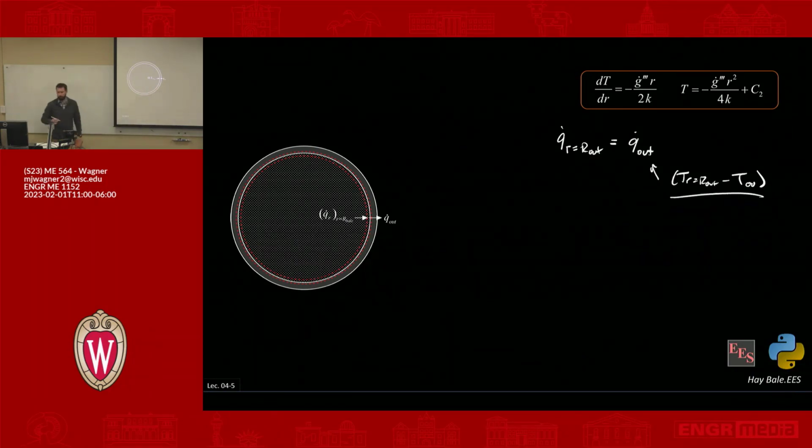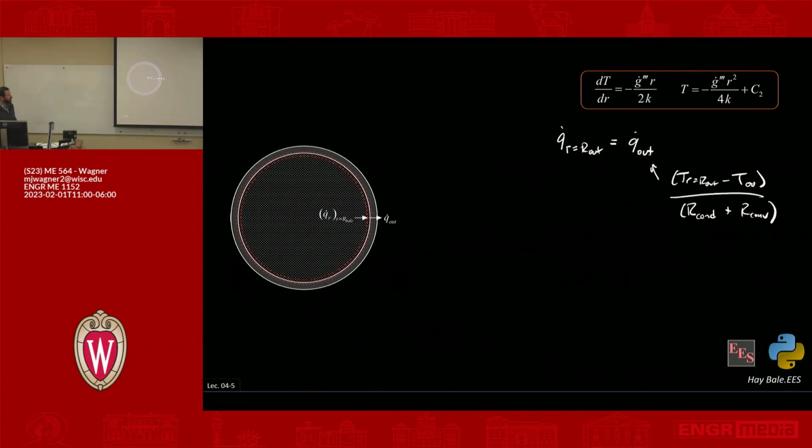That was the only thing we were given. So that would be the sum of the resistances, which is our conduction plus our convection.